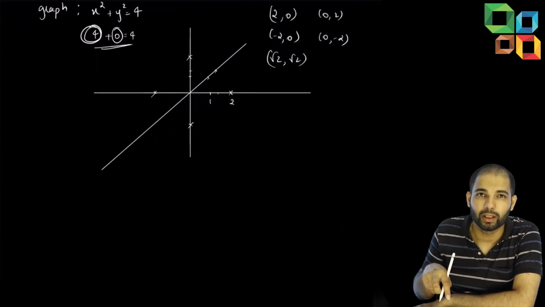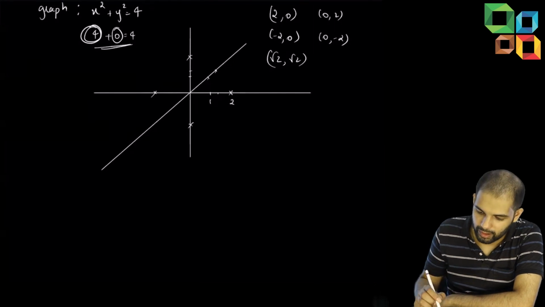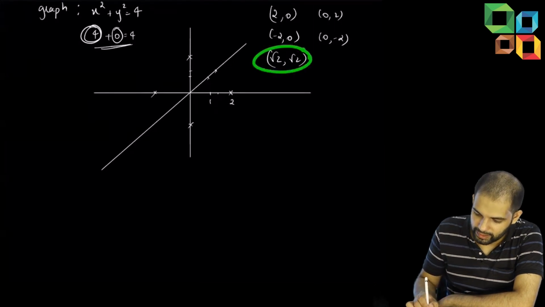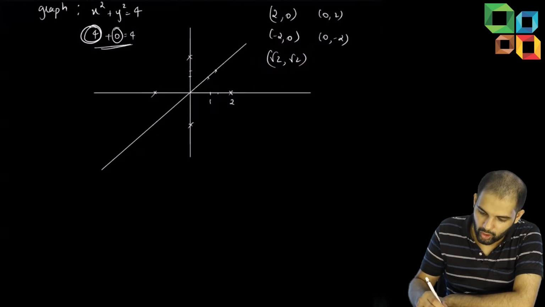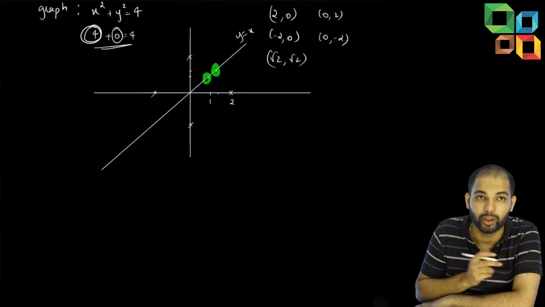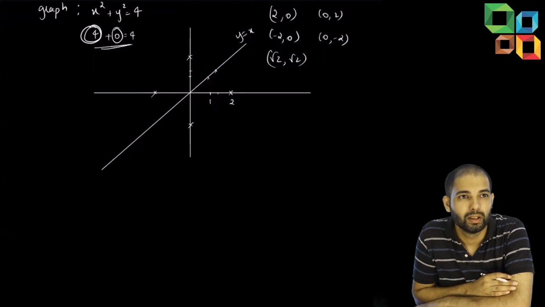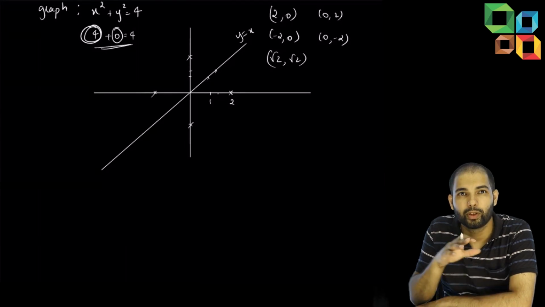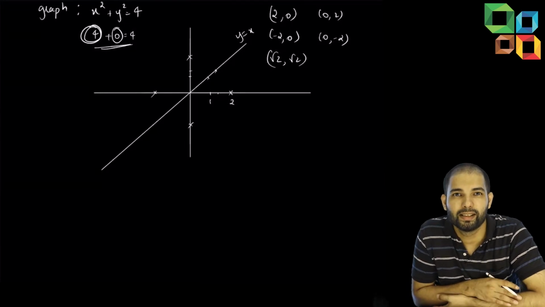I hope you're getting what I've done. Here x and y are equal, so it should lie on the line y equal to x. I know it passes through this point, so it should pass through this point also. Simple straight line, right? What next? Somebody saying root 4 and 0, but root 4 is 2, right? We have already considered those points.